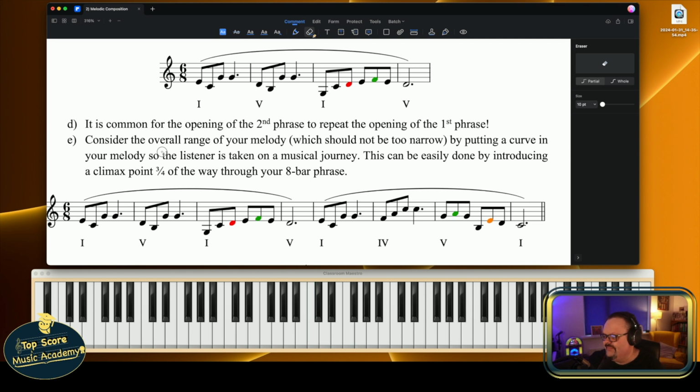And that's it. So notice that was the highest point. And it outlines our chord 4, our F major chord.